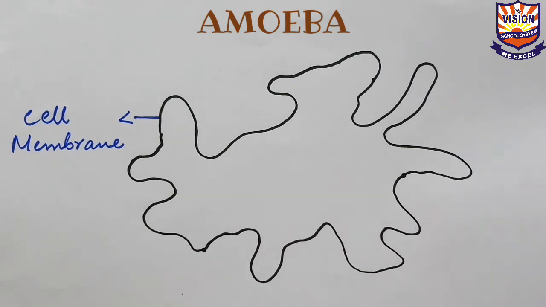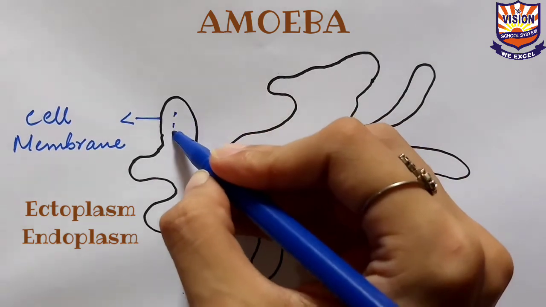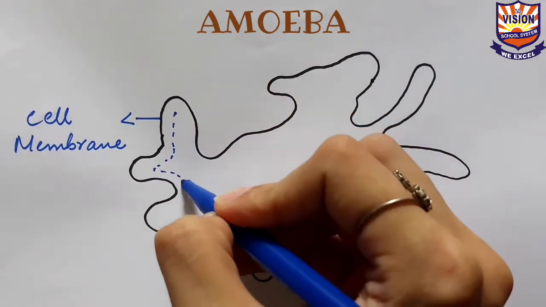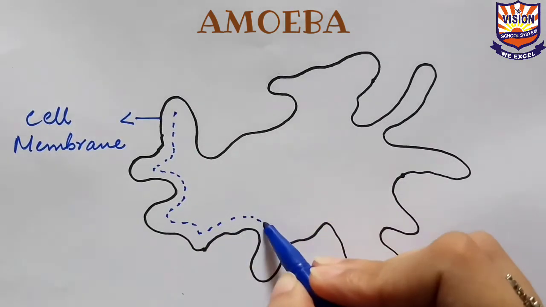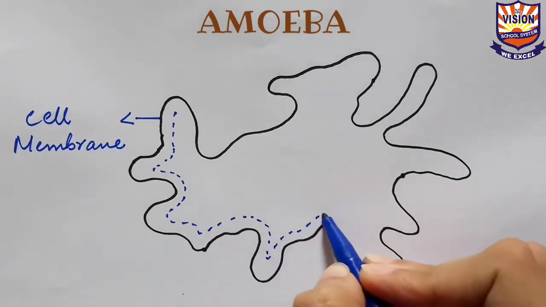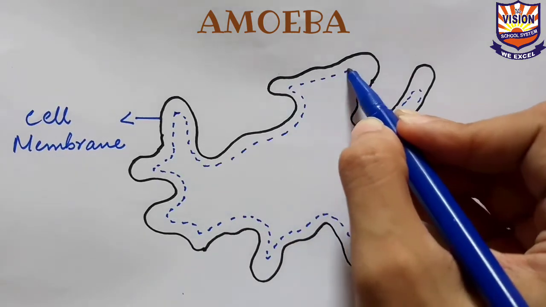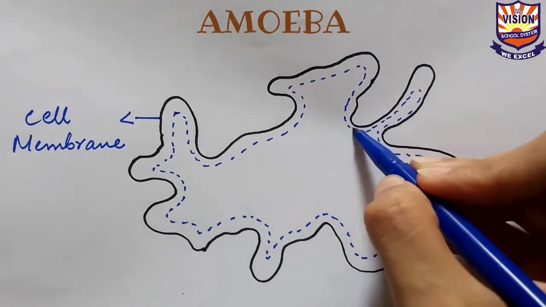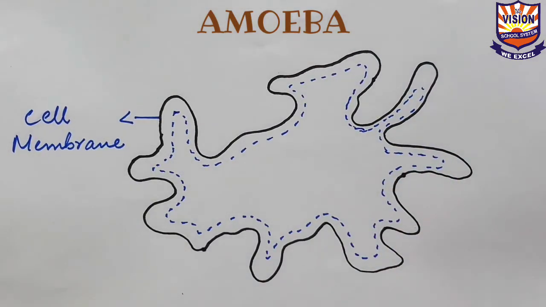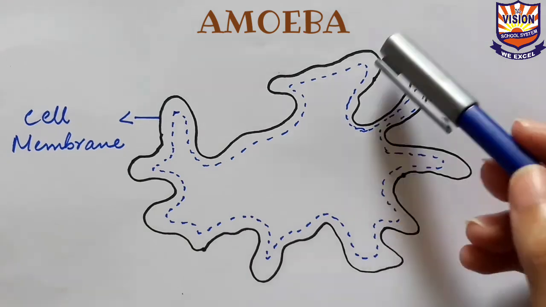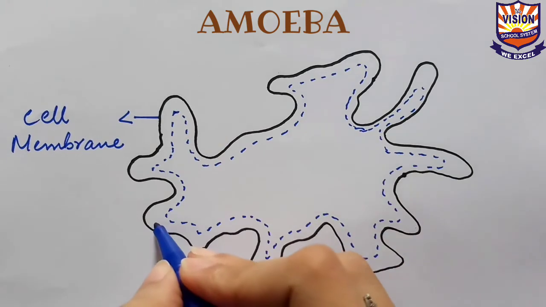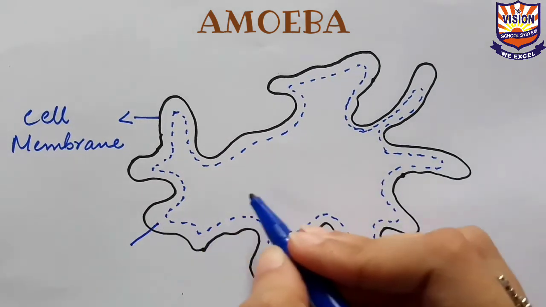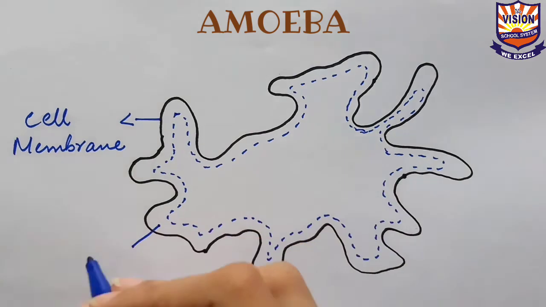The cytoplasm is divided into two parts, ectoplasm and endoplasm. So you can make it like this. Okay. The outer portion, which is clear and transparent, is called the ectoplasm. This is the outer portion, ectoplasm, and this is the inner portion, endoplasm.